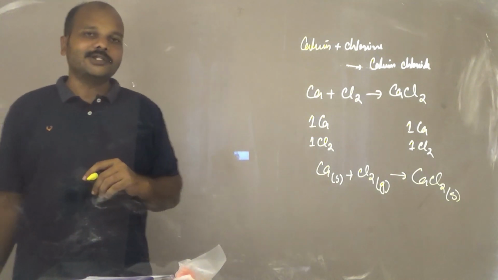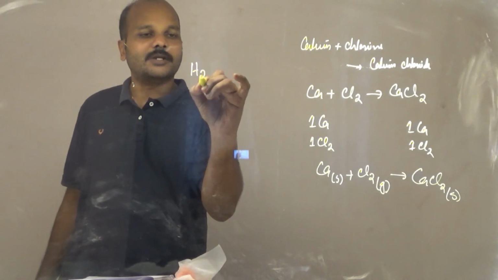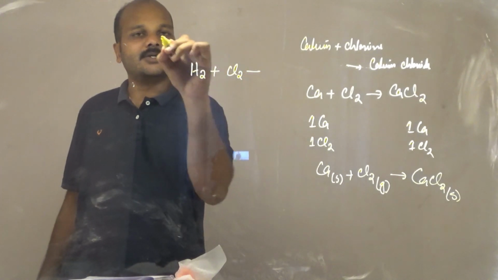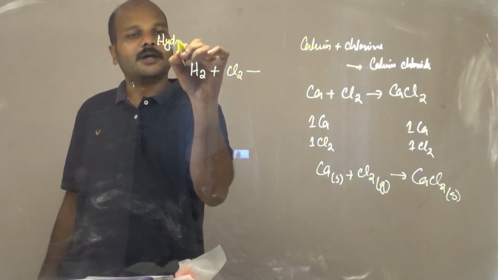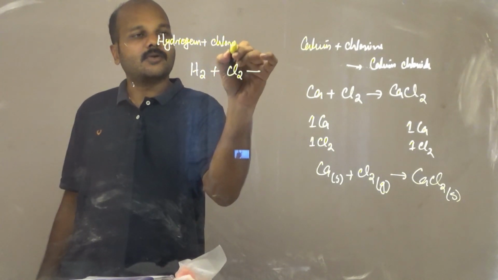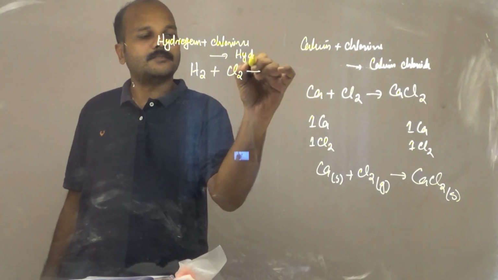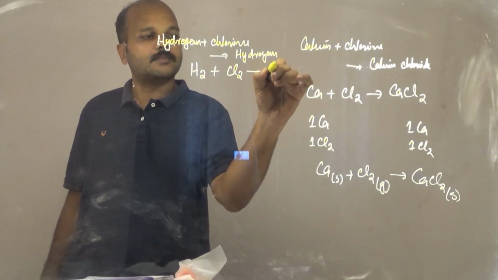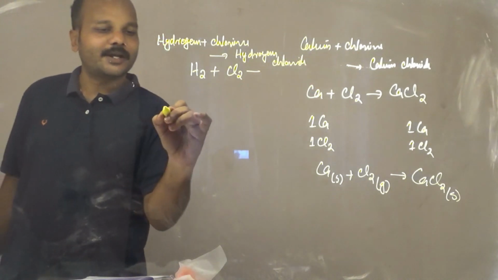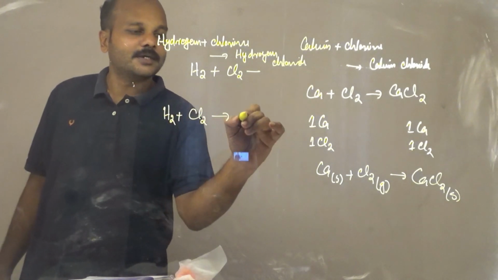Now let us see how hydrogen reacts with chlorine. Let it be hydrogen gas and chlorine. You can write its word form: hydrogen plus chlorine gives hydrogen chloride. So you can write H2 plus Cl2 gives HCl.